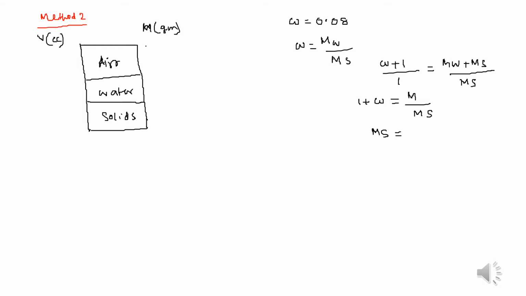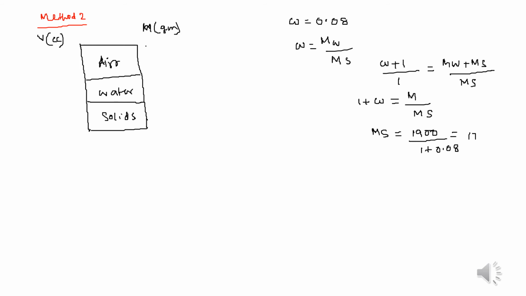So my mass of the solids we can calculate, it's equal to the total mass of the sample. The total mass of the sample is given, which is 1900 gram, that is the mass of the core cutter plus soil minus the mass of the empty core cutter, right? So my total mass is 1900 gram, we have already found out before, divided by 1 plus water content, so 1 plus 0.08.